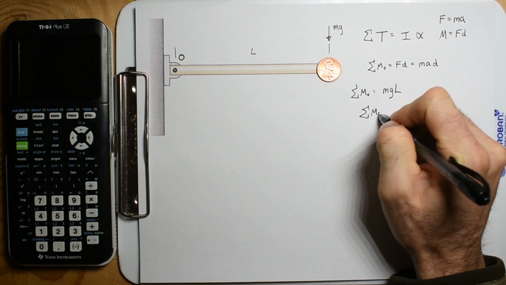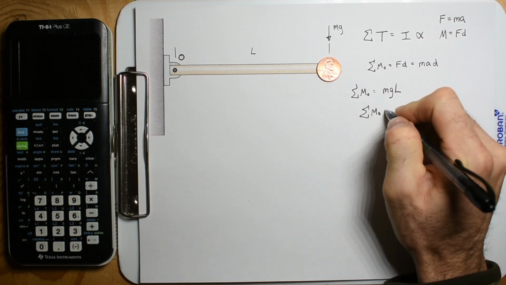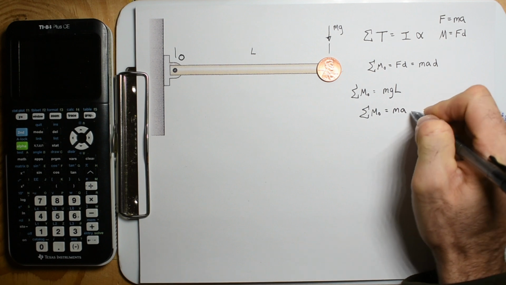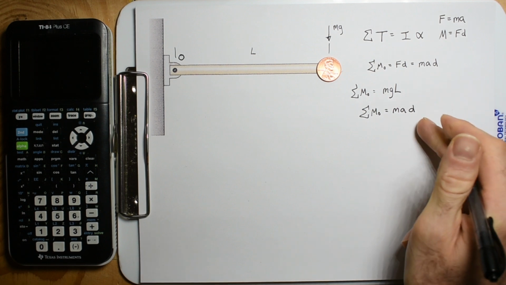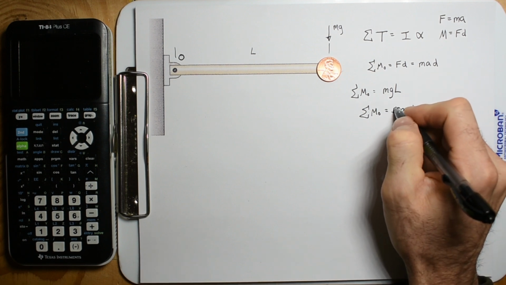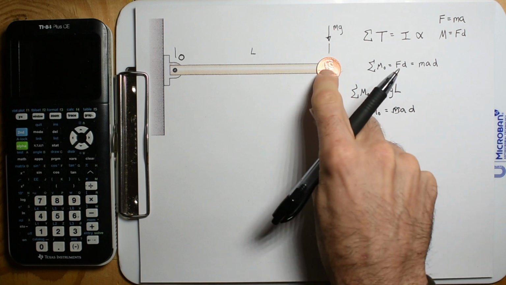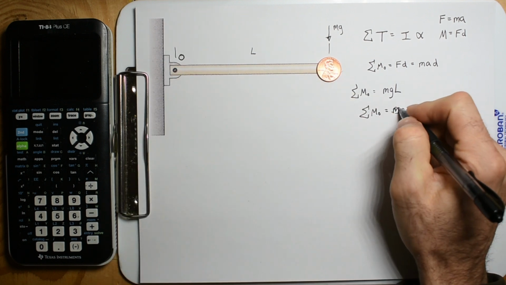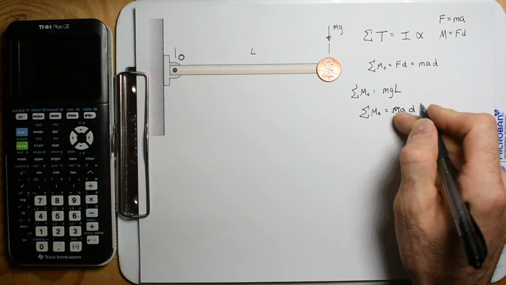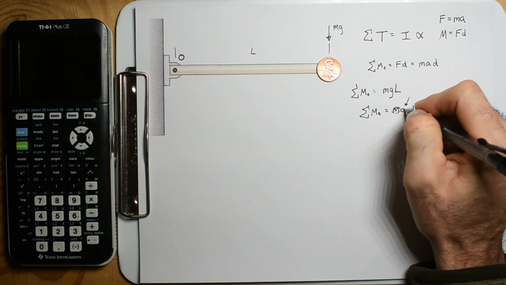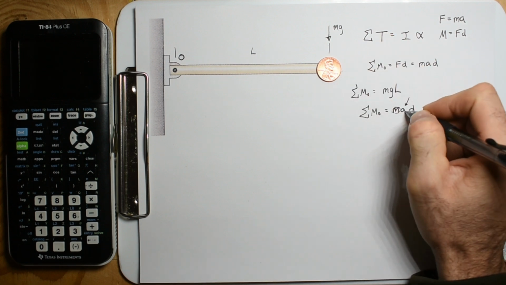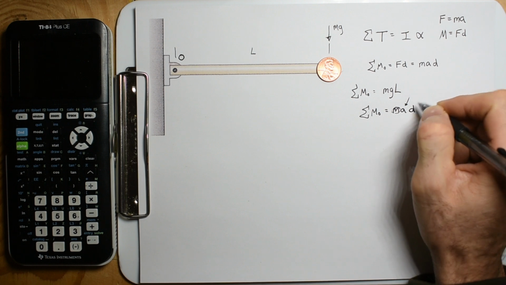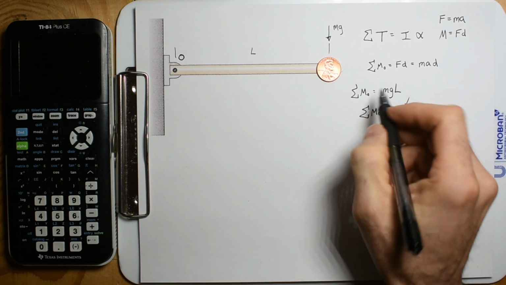The generic form in a linear fashion would be the sum of the moments is equal to the mass times acceleration times the distance to wherever that mass is. But this has to be a point mass, and it has to be a distance away from the point you're taking the moment about. You can find the linear acceleration of that point.